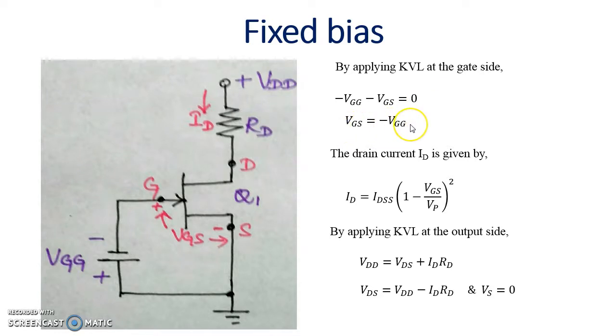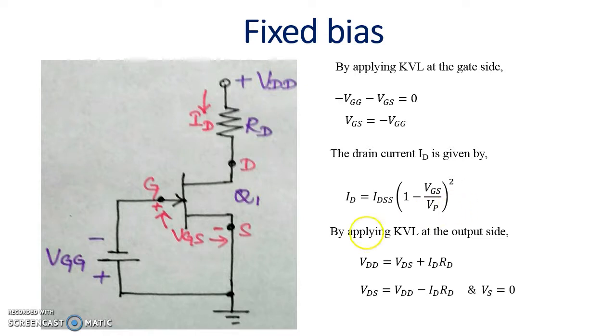Here, VGG is a fixed DC supply and VGS is also fixed, hence it is called fixed bias configuration. The current flow through the drain, that is the drain current ID, is given by ID is equal to IDSS into 1 minus VGS divided by VP the whole square, which is called as Shockley equation.